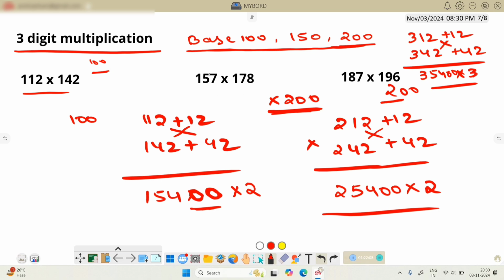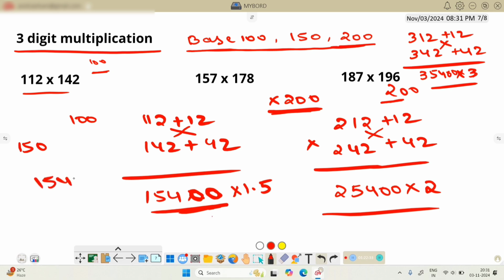And if you're taking base 150, then what should you do? You should take 1.5. So instead of 2, you put two zeros and multiply by 1.5. That means you simply half this number and add it here.